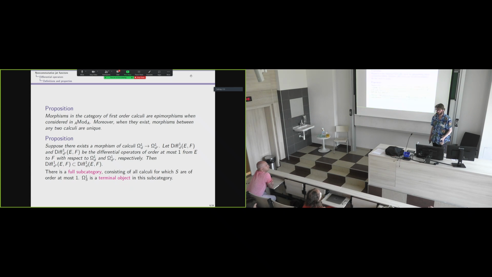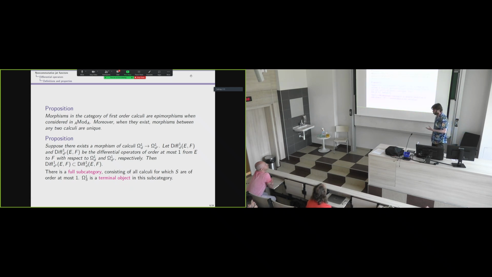The structure of the category of differential or first-order differential calculi is quite simple. Because of the surjectivity condition, all maps are bimodule maps, and when they exist, they are surjective and also unique. So it's very rigid.